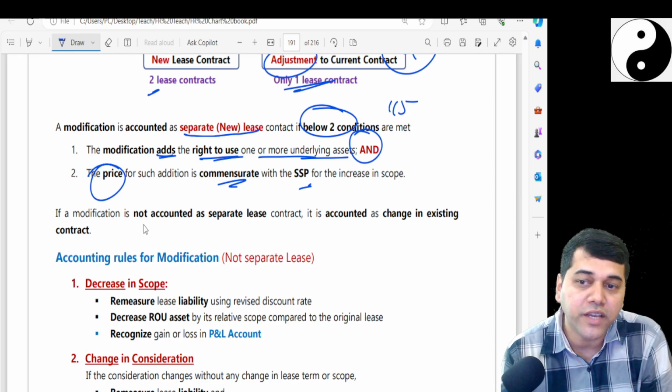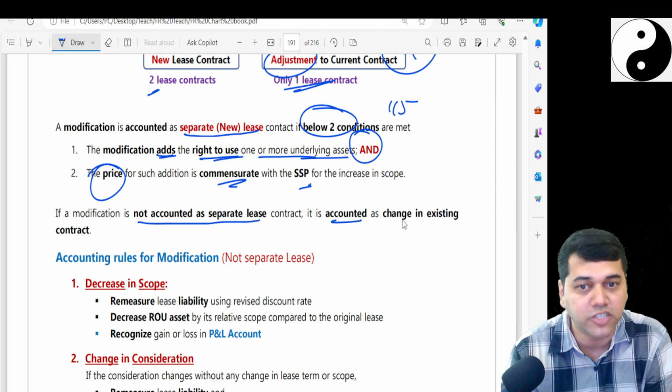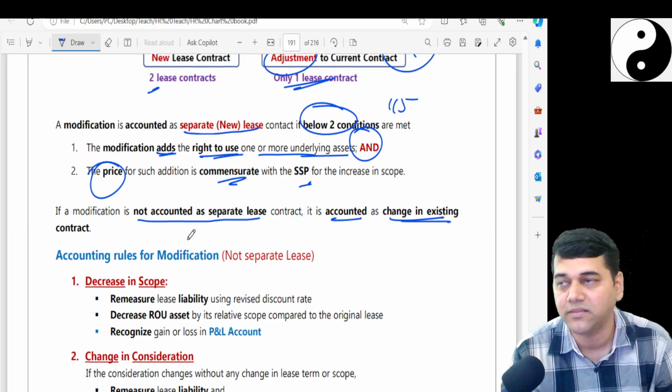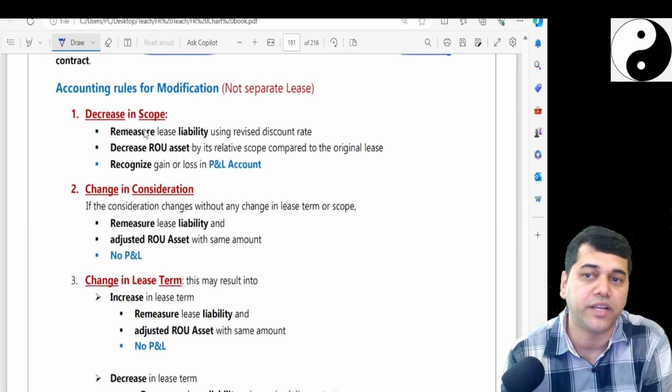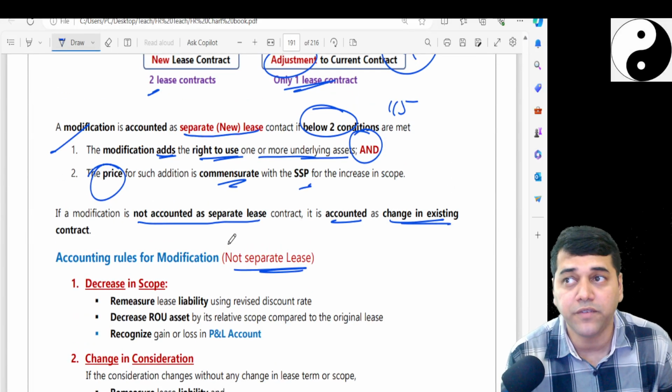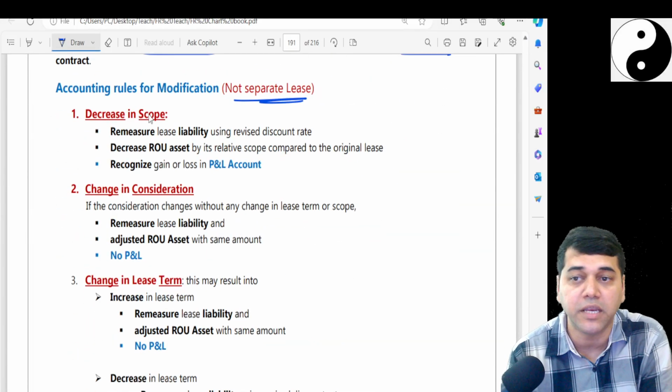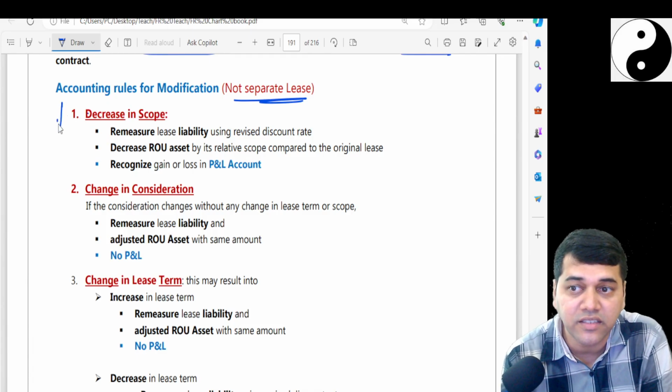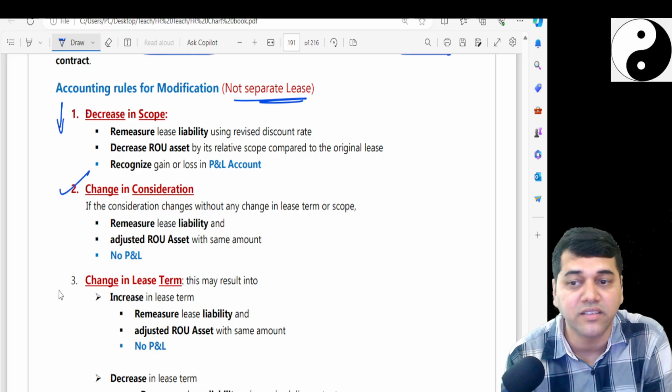Now, if a modification is not accounted as a separate lease, it should be accounted as a change in the lease. Now, what are the rules for accounting? Not separate, because if it is separate, matter is closed, finish. But if it is not separate, then there can be three possibilities: decrease in the scope, change in the consideration, change in the term.